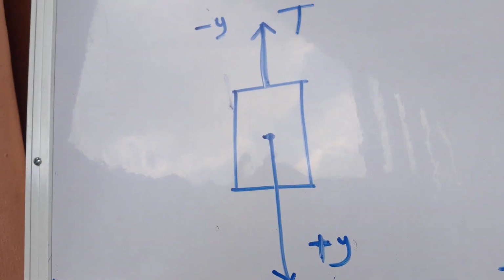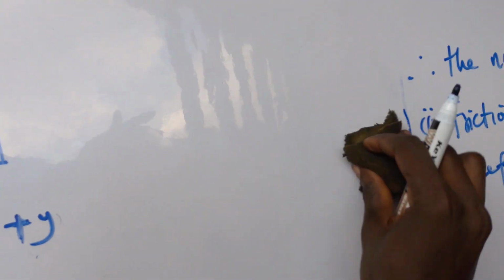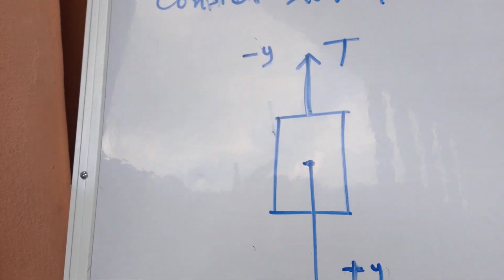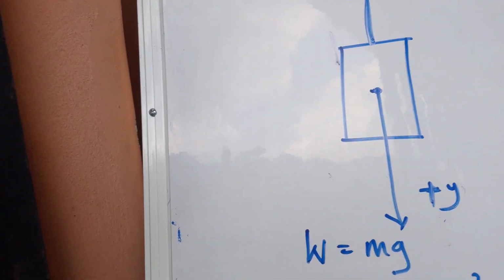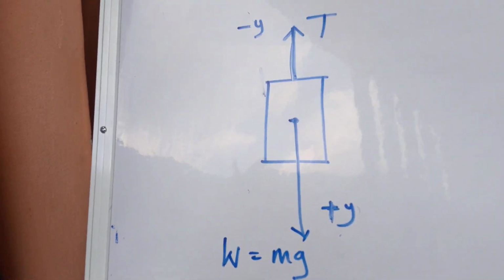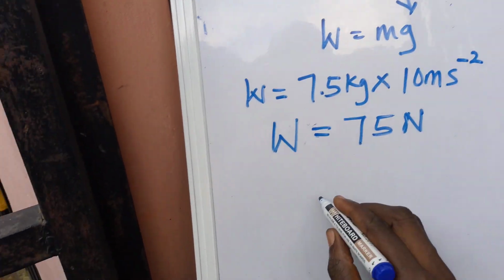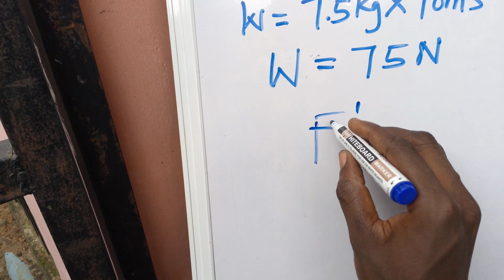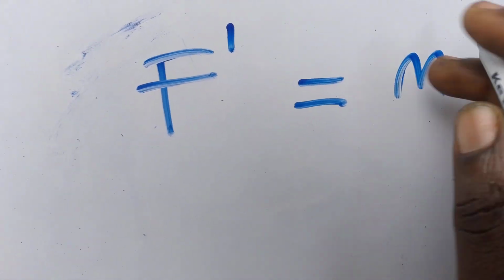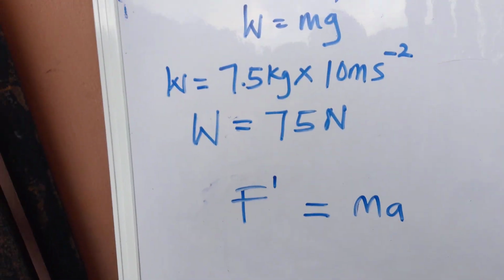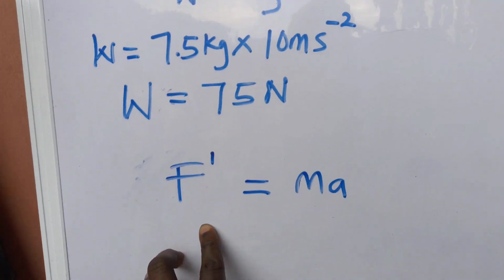So we can also apply Newton's second law of motion there, so that we can obtain the tension acting along that string. Applying Newton's second law of motion, we have F prime equals ma.